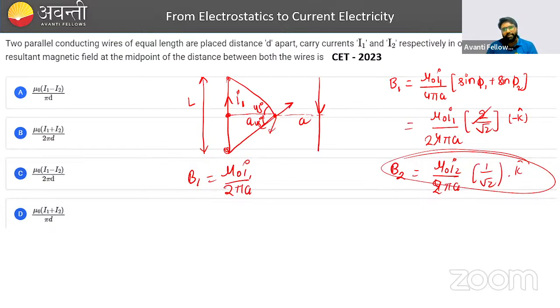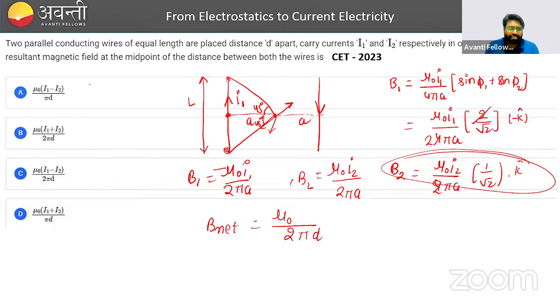And for the second one, this will be mu naught I2 upon 2 pi A. So I1 is going inside, I2 is going outside. Either you can consider I1 going downward, I2 going upward. So B net here will become mu naught upon 2 pi.